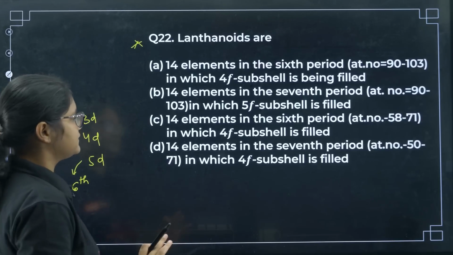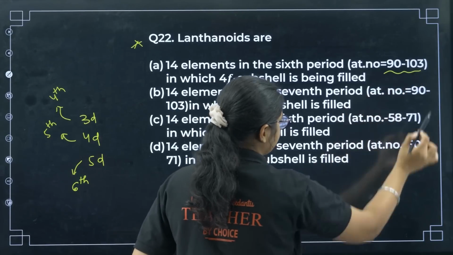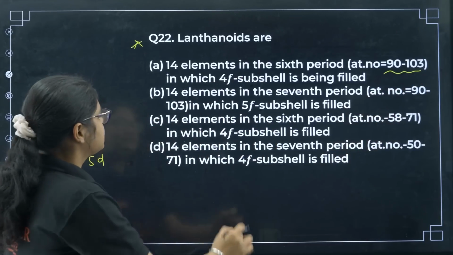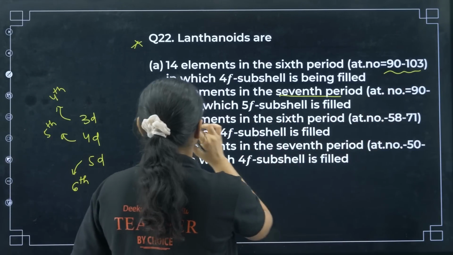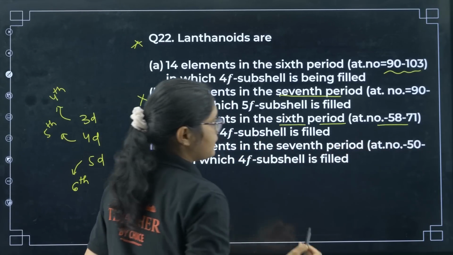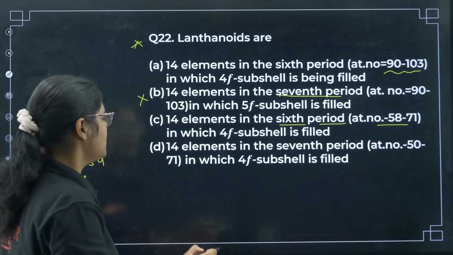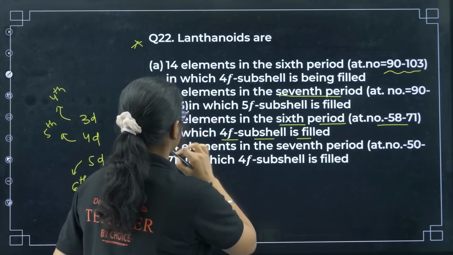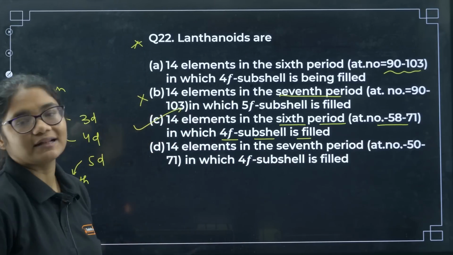So everything is correct, but the atomic number that is given is wrong here. Okay, next, 14 elements in the 7th period, no, it is a part of 6th period. 14 elements in the 6th period from atomic number 58 to 71 in which the 4f subshells are filled. So this is your definition of lanthanoids.